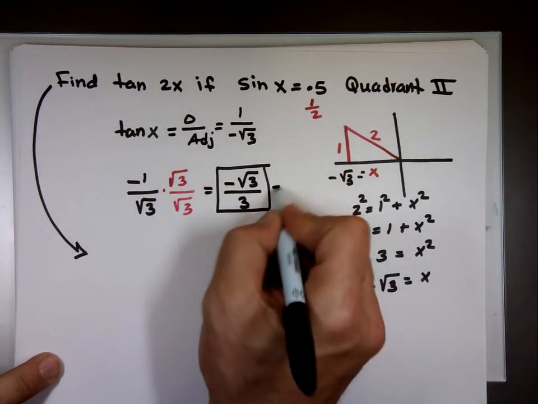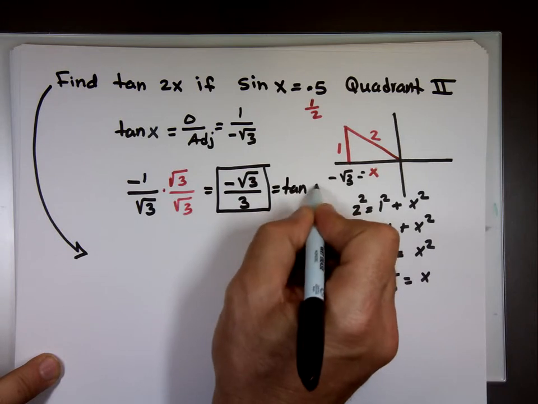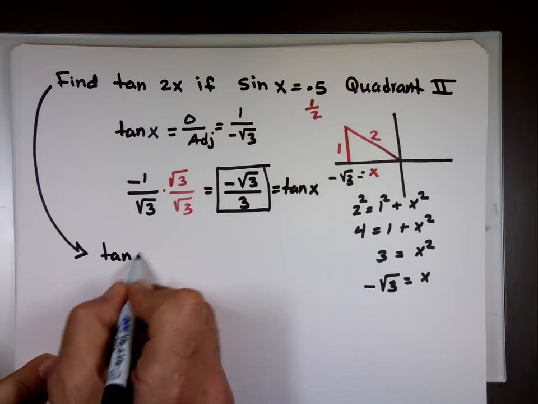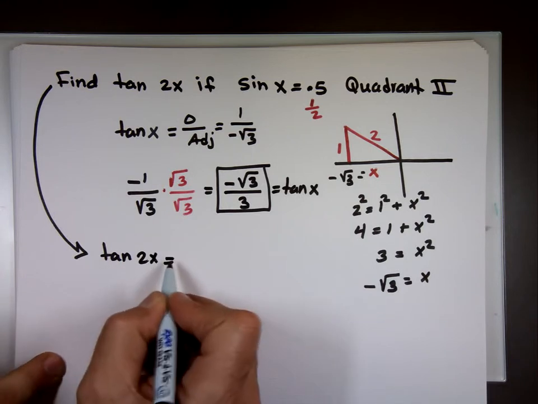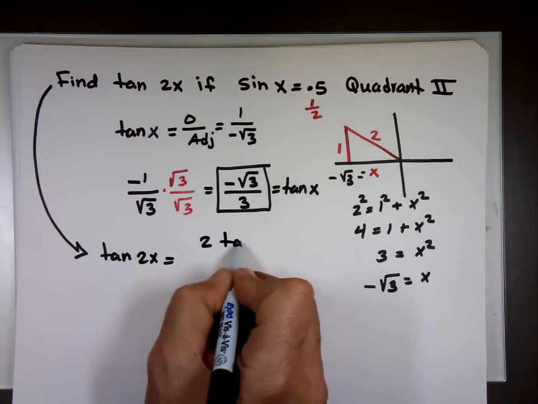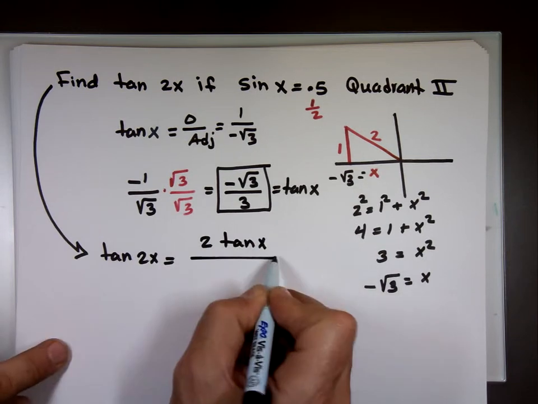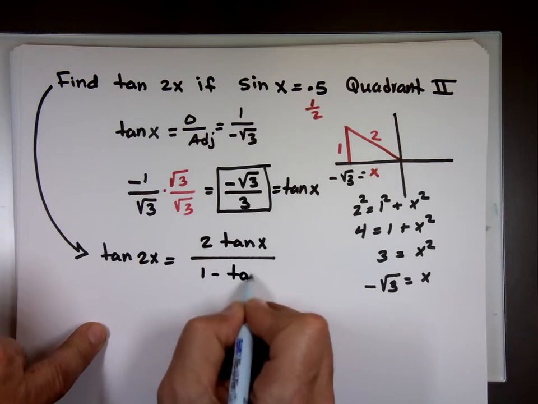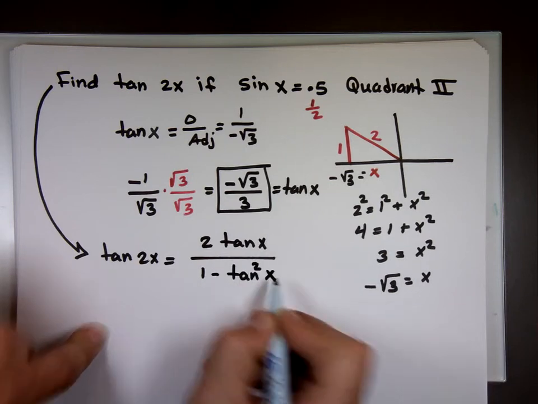This is tangent x, not 2x. So to get tangent 2x, it's 2 times tangent x over 1 minus tangent squared x. And plug in the numbers.